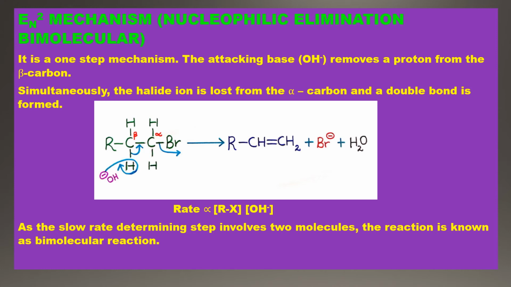So look here in the reaction given below, OH minus is removing H plus, that is the proton, from the beta carbon. I have mentioned in the given example the alpha carbon and also the beta carbon. The hydrogen attached to the beta carbon is removed as H plus by the OH minus nucleophile.